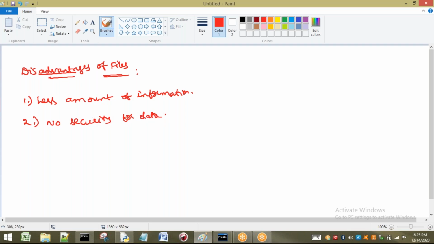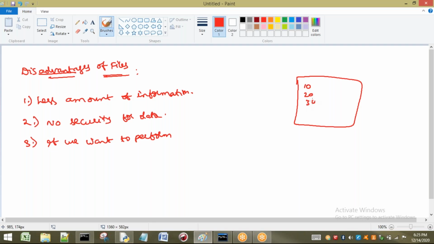Next, the second point is no security for data. We cannot give security to the data which is going to be stored in files. And if we want to perform any operations, let us consider I have one file. In that I have stored some data: 10, 20, 30, 500, 600, 700.